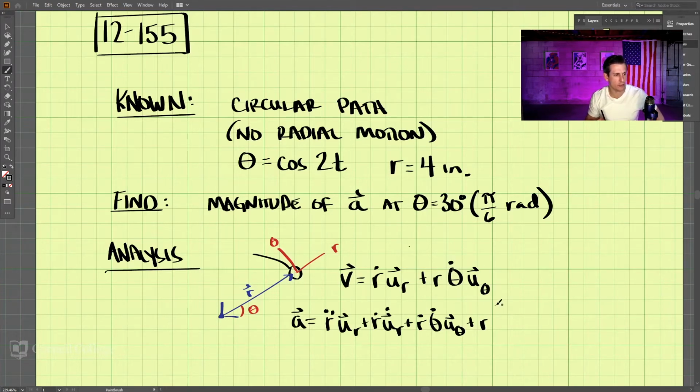But there are two terms here, so we need to be careful about this. So we get theta double dot, that's the derivative of the first, times the second, plus the first, which is theta dot. Make sure I get those double dots on there. Theta dot times the derivative of the second, which is u theta dot. Okay.